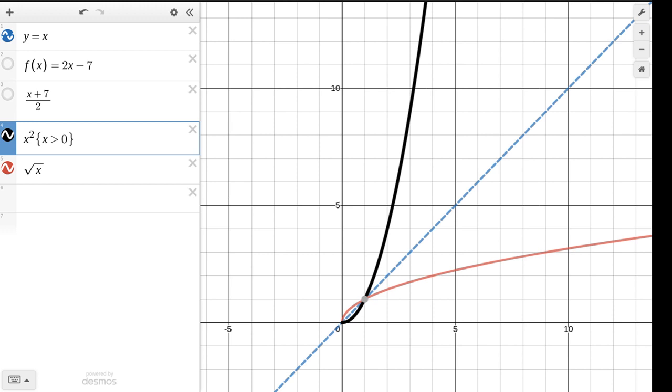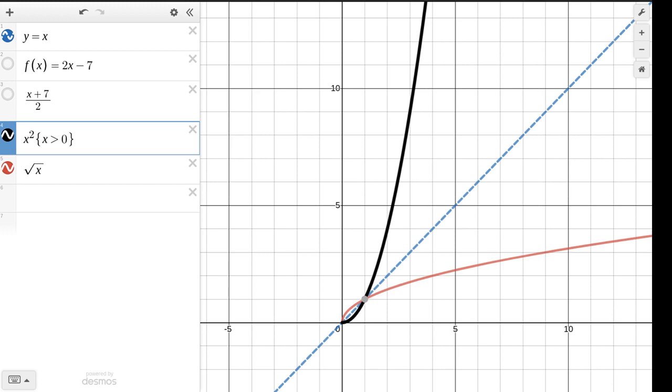So I'm going to take my inverse and compose it of my original function. My inverse is x plus 7 over 2. Now wherever I see x, I'm going to plug in my original function, so I get 2x minus 7 plus 7 over 2.